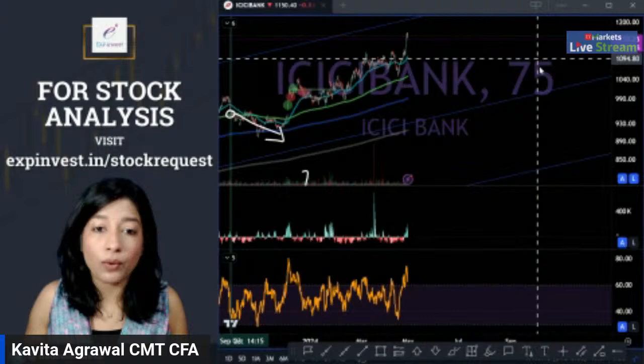Okay, so we're going to close this and let's remove all the drawings. Now, as you can see, for the purpose of this analysis, I am using a 6 chart layout. Let's go full screen so that there are no distracting elements on the screen for you. There you go.